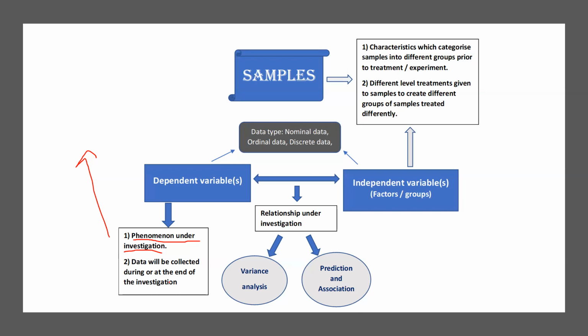It could be inherent characteristics of the patient, like the kind of disease. Maybe one group is suffering from typhoid, the other from malaria, the other from a parasite infection. Those are inherent characteristics of the sample that we can use to put the samples into groups.